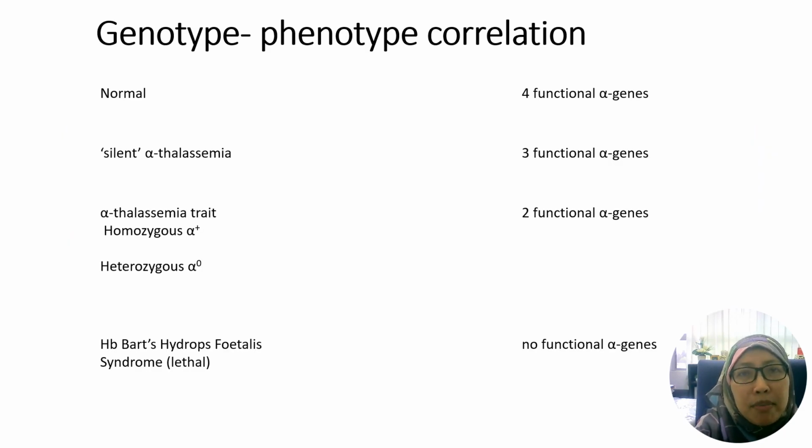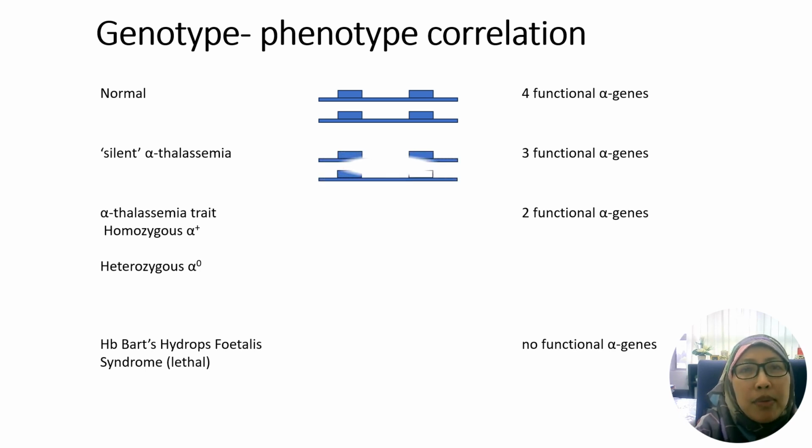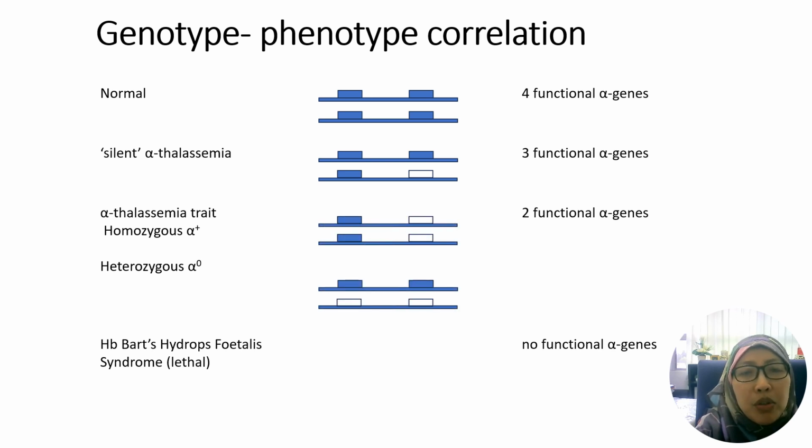The typical phenotype of alpha thalassemia depends on the number of genes affected, because a normal individual carries 4 functional alpha genes. Individuals who carry a mutation which affects alpha globin genes on a single chromosome are associated with mild anemia, and this is called silent alpha thalassemia if one gene is involved, and alpha thalassemia trait if 2 genes are involved.